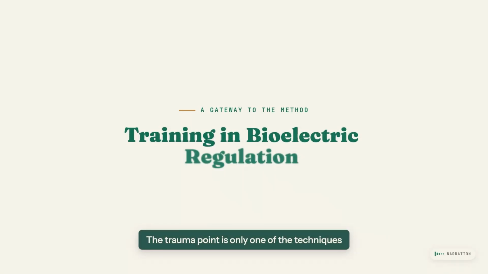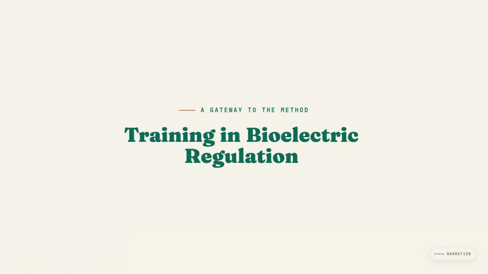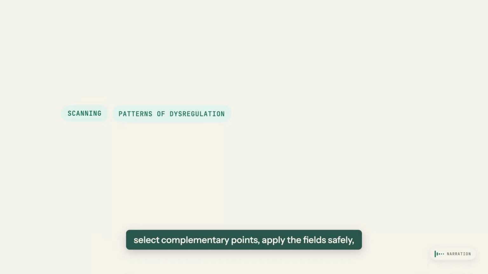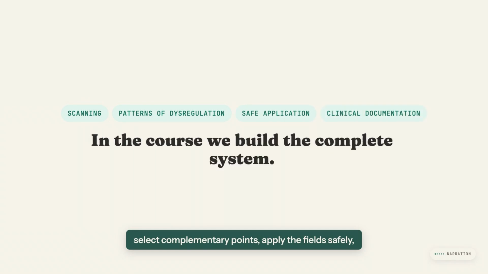The trauma point is only one of the techniques taught in the Bioelectric Regulation course. During the course, we will study how to perform scanning, interpret the neuromuscular response, recognize different patterns of dysregulation, select complementary points, apply the fields safely, and document clinical changes, keeping clear the difference between functional correlation and diagnosis.